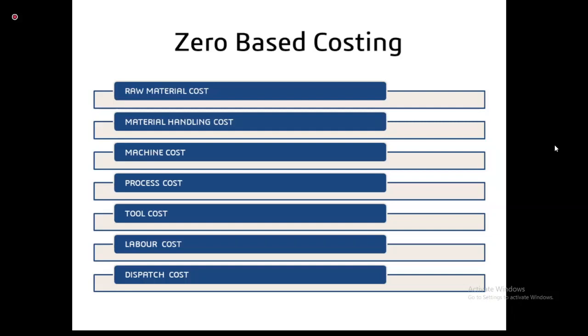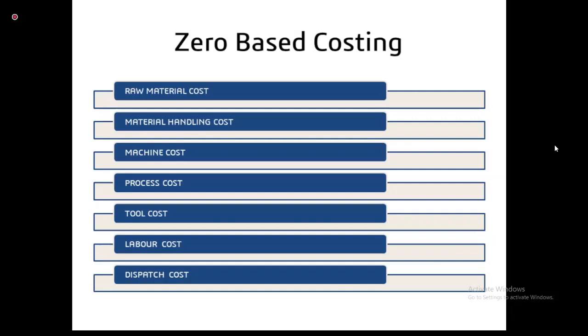Whenever I am implementing zero-based costing in any company, it is mandatory that you calculate the cost of the component. You have to calculate the cost of the product every time and for every new cycle. So whenever you are doing the costing of the component, every time you consider the different trends of machining during the process.